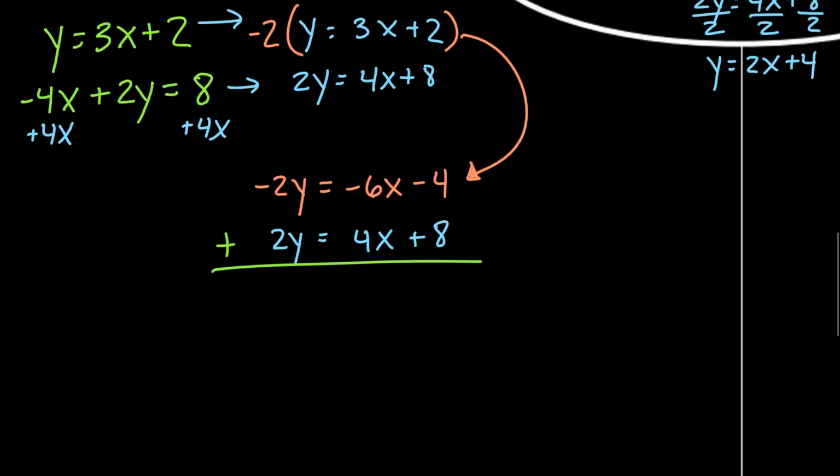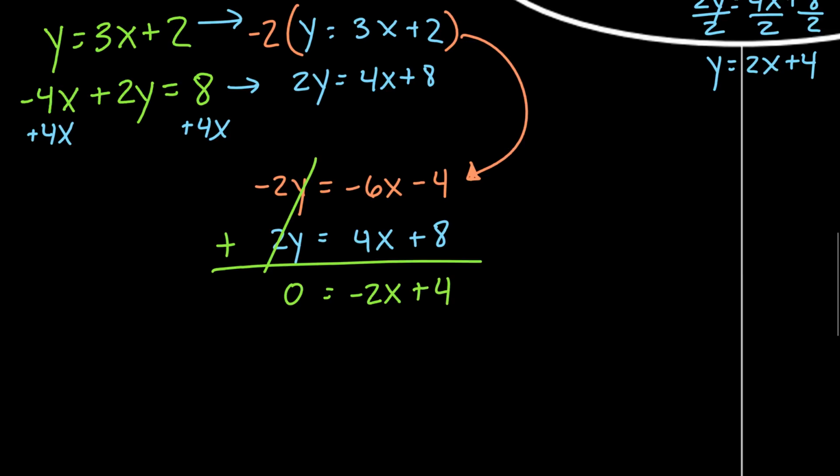So what is negative 2y plus 2y? 0. They cancel. That's how I know I did the elimination process correctly. So I have a 0 over here. What is negative 6x plus 4x? And negative 4 plus 8? 4.